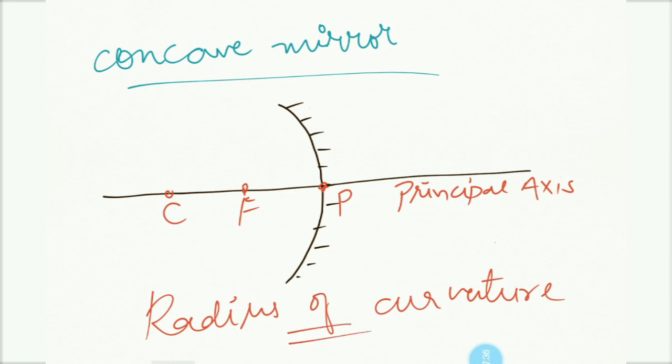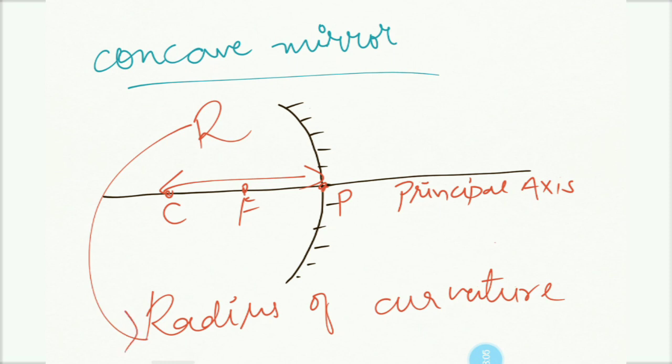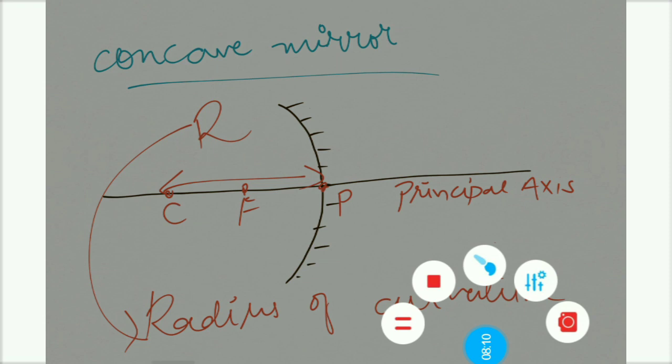For the radius of curvature, we say it is the distance between the center of curvature and the pole. Okay, definitions and all we will discuss, but no worry, first you should understand where the points are and what it is, right? So from C to P, whatever the distance is, that is called the radius of curvature. Now I hope that is clear. It is denoted by capital R, not small r. Okay, that is nothing but the radius of curvature. I hope this is also clear to you all.